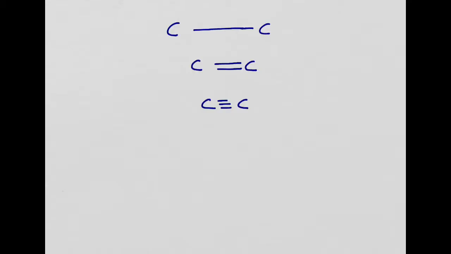And as you can see over here, the alkane single bond is going to be the longest bond, and the triple bond is going to be the shortest. It's the shortest, but it's the strongest because you have to put in more energy to break this bond. And alkane would be longest, but it would be the weakest bond. So far, so good.